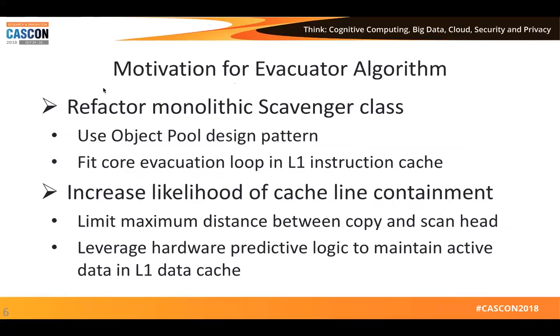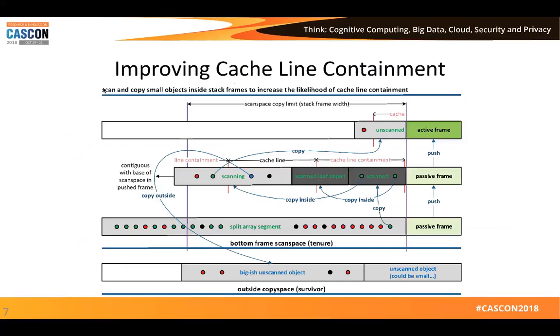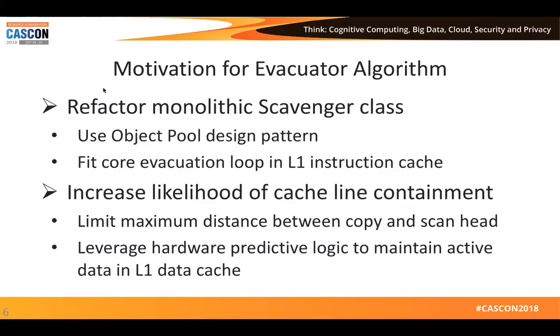I also saw an opportunity to refactor Scavenger as a monolithic class. It has a thread pool. There'll be one GC thread per core. And when a GC, a nursery collection, starts off, these threads are fired up, and these have a run method. What the run method does is call a method inside this monolithic scavenger class.